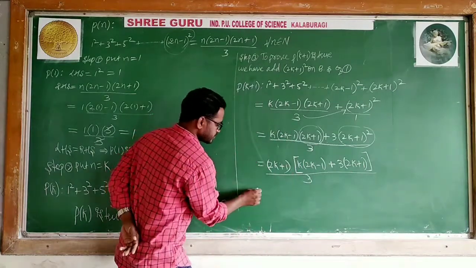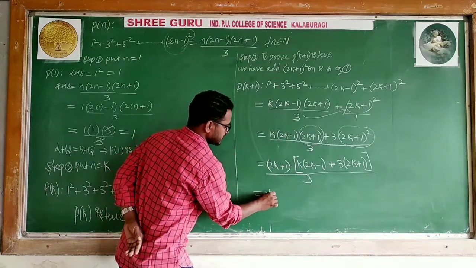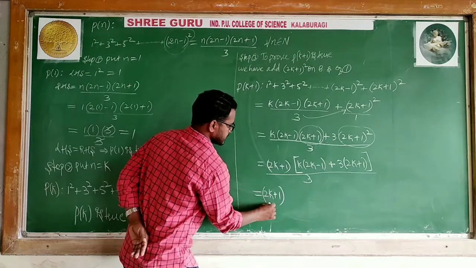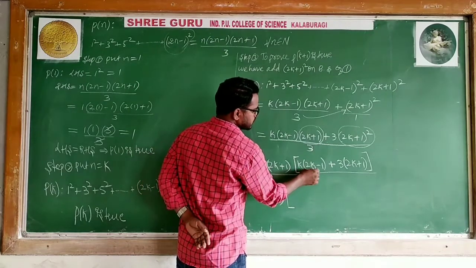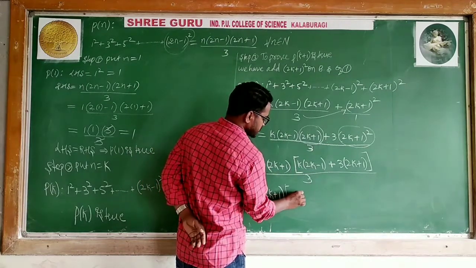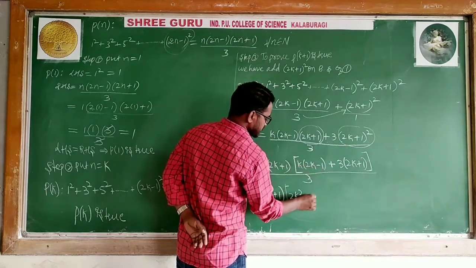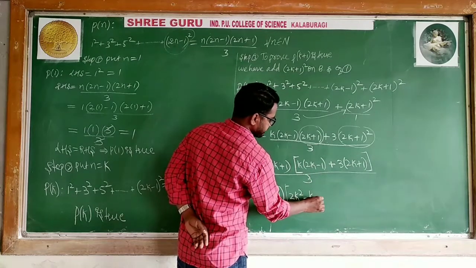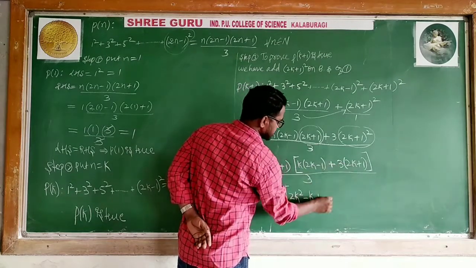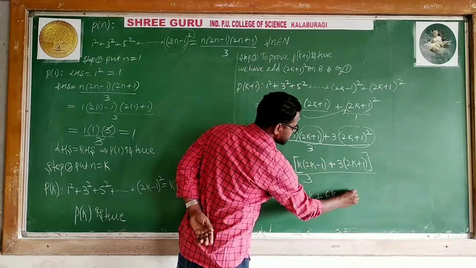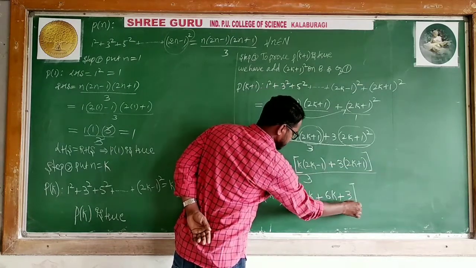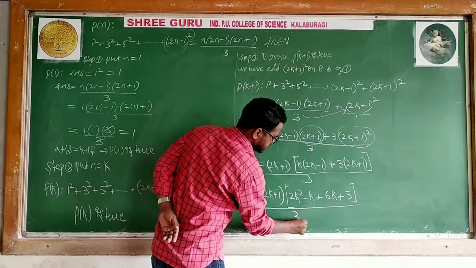Now 2k plus 1, and then can I multiply this? k into this: 2k square, k into this: minus k, plus 3 into this: 3 into 2 is 6k, plus 3 into 1 is 3, whole divided by 3.